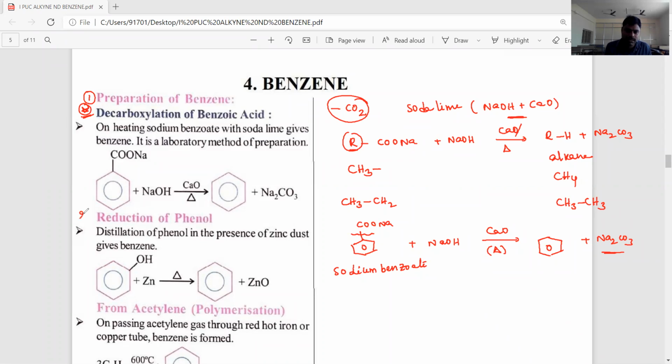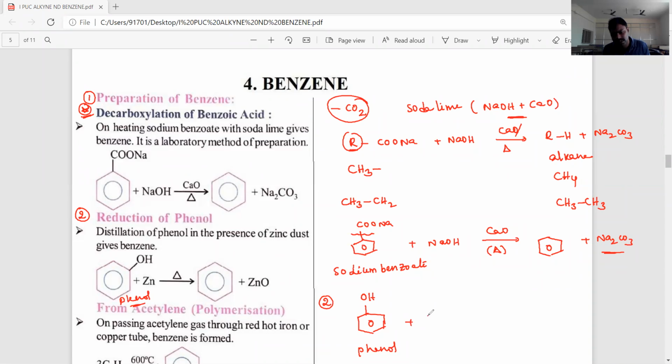The second one is reduction of phenol. What is phenol, dear students? Phenol is a benzene ring having an OH group. If any one carbon of the benzene ring carries an OH group, it is called phenol. When we reduce this phenol, the oxygen atom comes out.